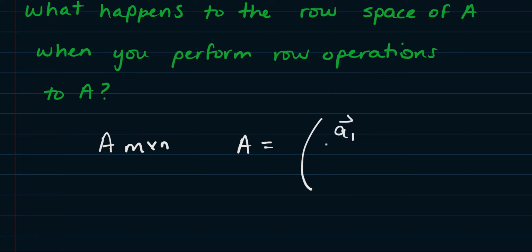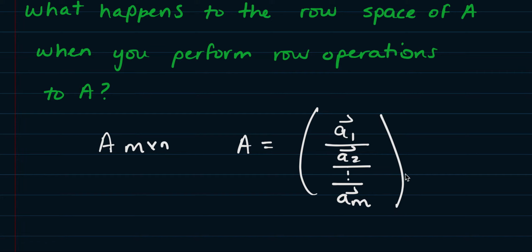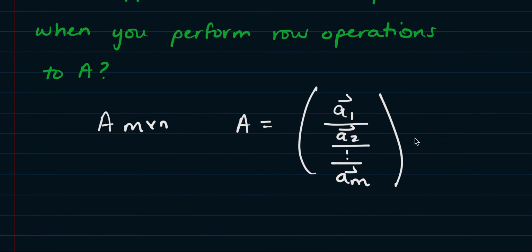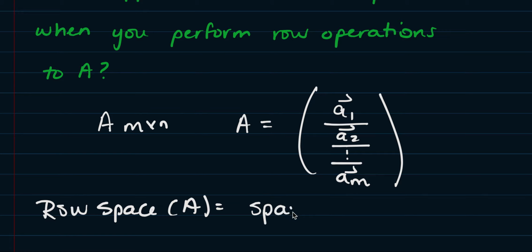So let's say this is A1, A2, all the way to AM, because it's an m by n matrix. Now I'm going to perform row operations. So what could I do to these rows? Remember that the row space is the span of our rows.